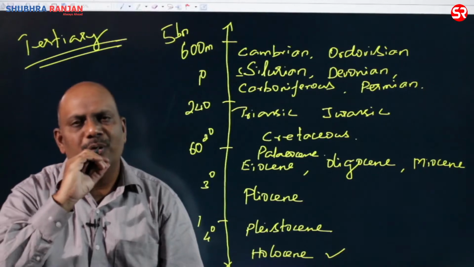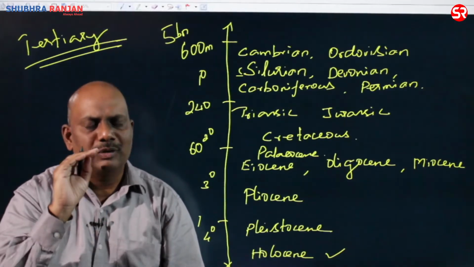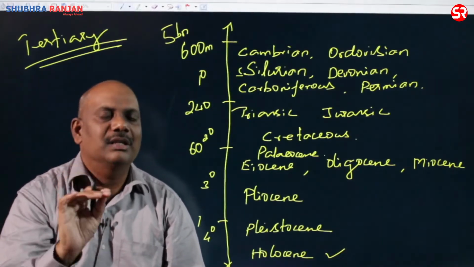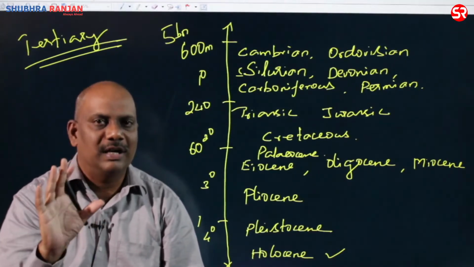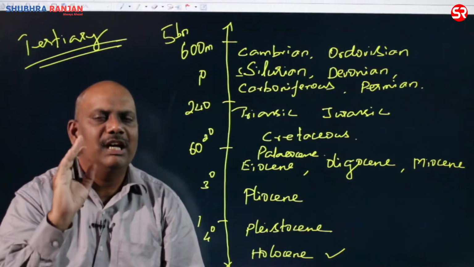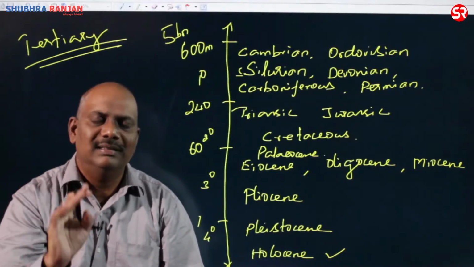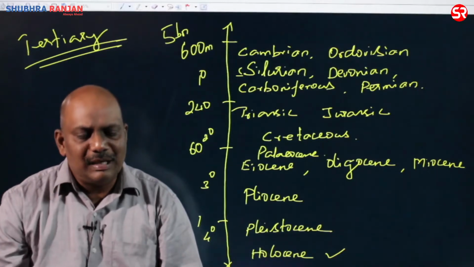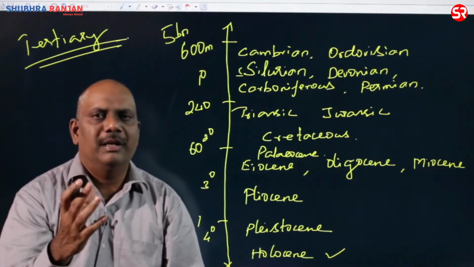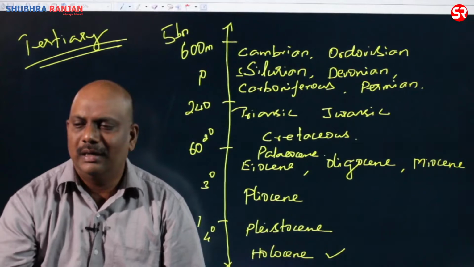Guys, there is no need to memorize this geological time scale. I am just showing this for understanding. If you know the meaning of Pleistocene by seeing this, that is sufficient. So what is the importance of the Tertiary period in our geological time scale?